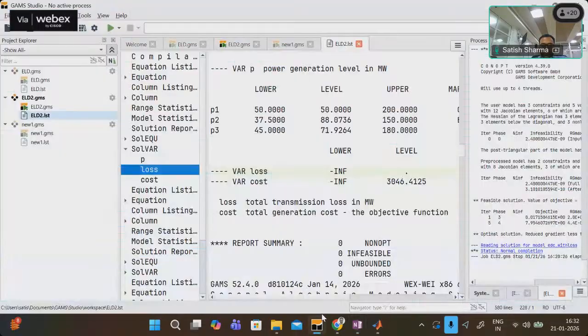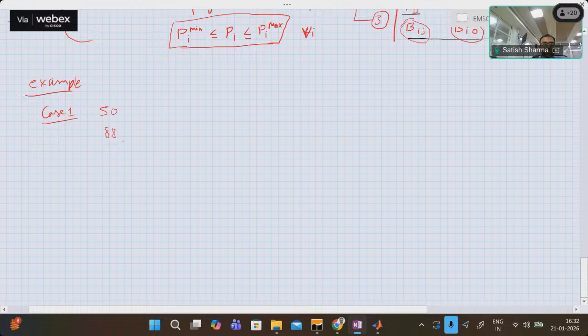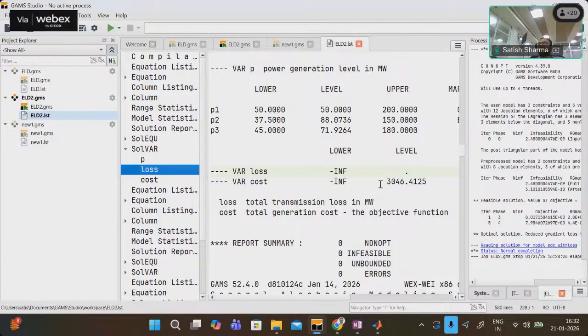Just a second. So it is 50, 88, and 72. So I will put it here: 50, 88, and 72. And then lambda, how much is the lambda? Let me see. Lambda, we defined as the marginal value, the dual value of the equation. And what equation is it? The power balance equation.